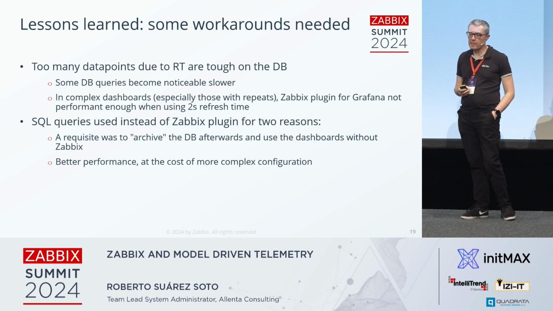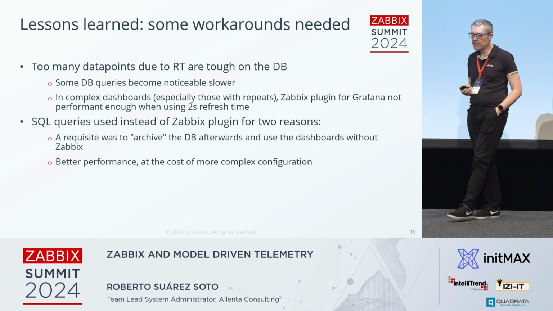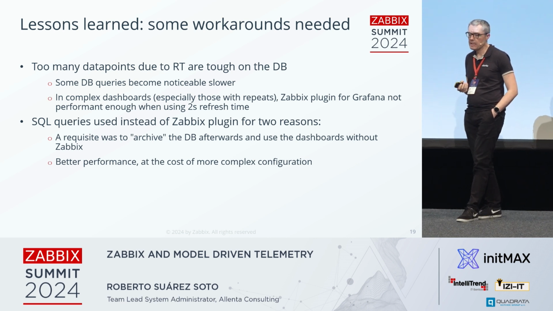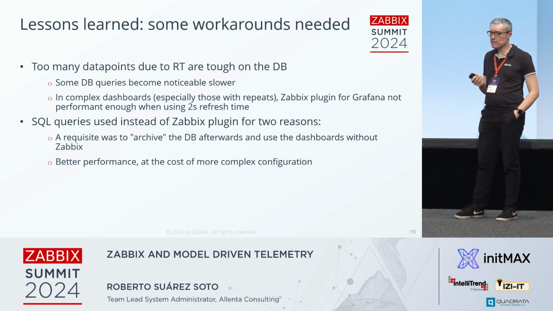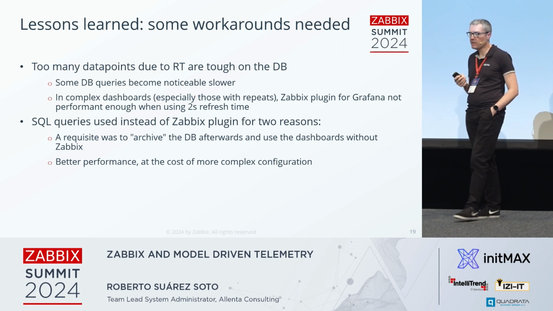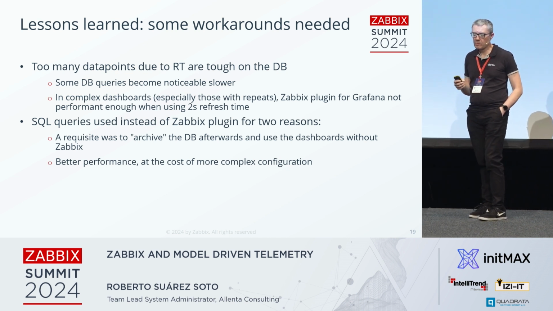So we also needed some workarounds due to the lot of data that we put in the database. Using 2 seconds at first, we found that some DB queries were noticeably slower. We didn't really know why, but we thought it was because the density of data points in Zabbix was very high.